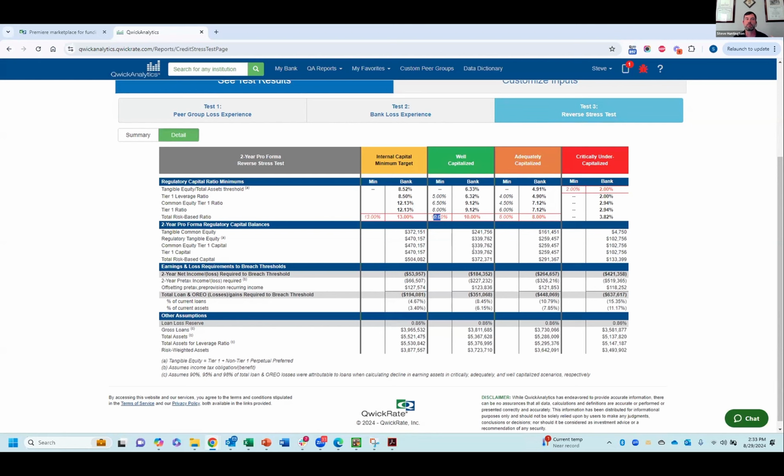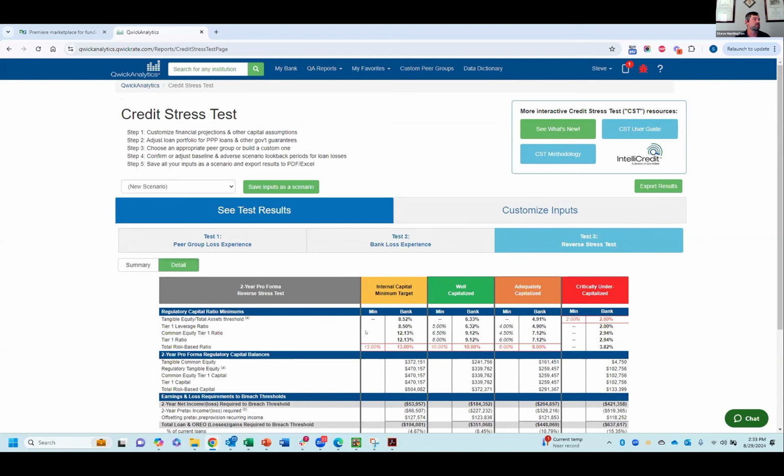We iterate the entire model over and over again at different loss rates until we can figure out what levels of losses you would have to sustain in order to drop below any one of these minimum capital thresholds. And we can determine exactly what those loss levels are. They're obviously very high for this particular institution that has good earnings and high capital levels to start with. That's the reverse stress test.